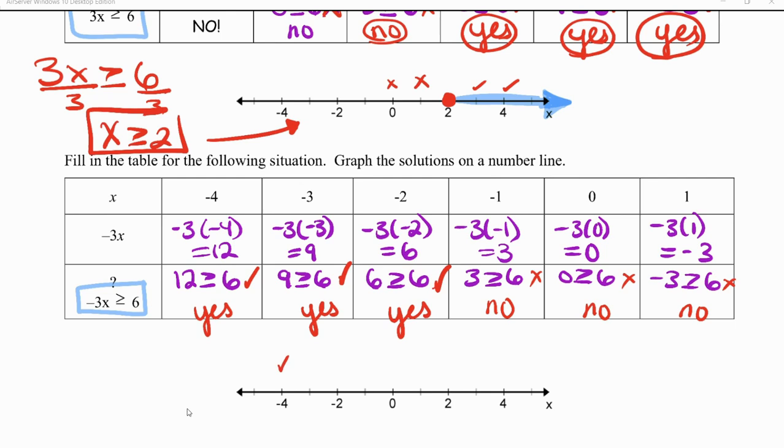So negative 4 was a solution, negative 3, negative 2, not negative 1, not 0, and not positive 1. So we'll start at negative 2, and we'll shade to the left to follow that trend of possible solutions.